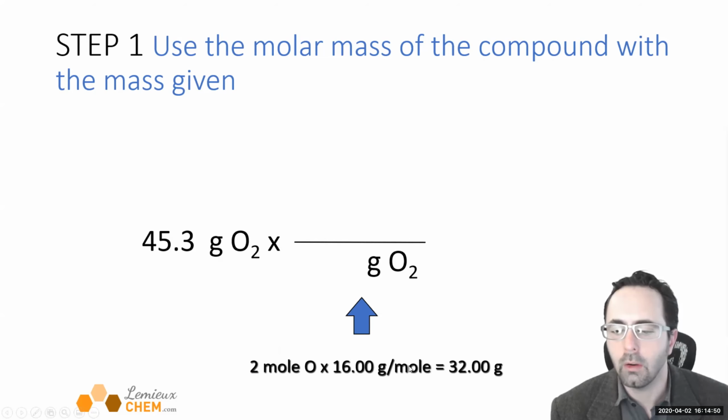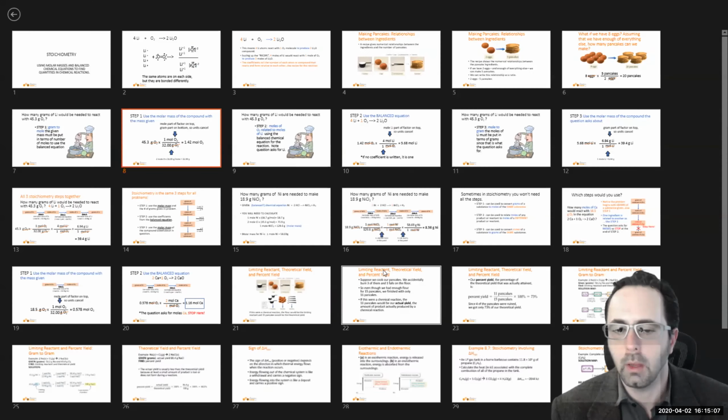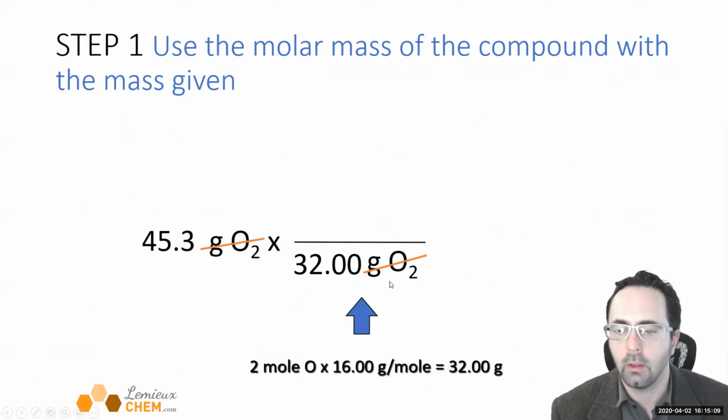So altogether, a mole of O2 weighs 32 grams. So the number we're going to put right here is going to be 32 grams. And that is equal to 1 mole of O2. Oh yeah, so grams cancel. Gotta make sure to cancel the grams. And that is 1 mole of O2.